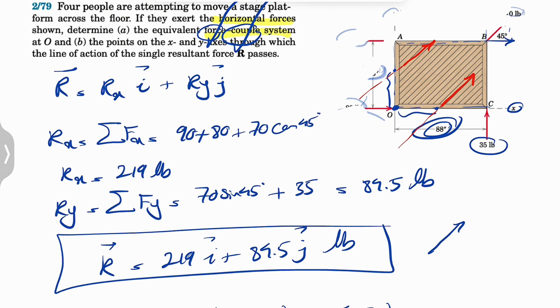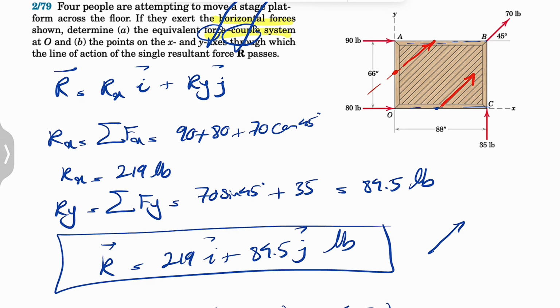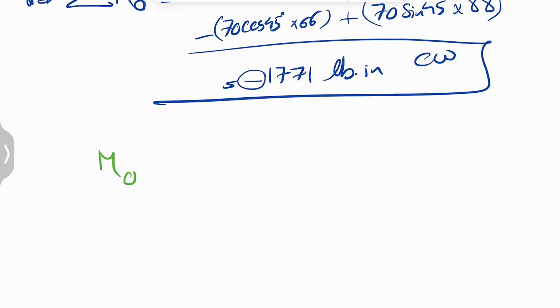Let me just clean up the figures. Too busy. All right, so let's start with this point or see what distance it makes with y. So we can use the 2D shortcut again, the x component and y component of the R. This is Ry, Rx. You can see that Ry is not going to make any moment, so we have the moment of Rx. The moment about O we figured is 1771, and negative.